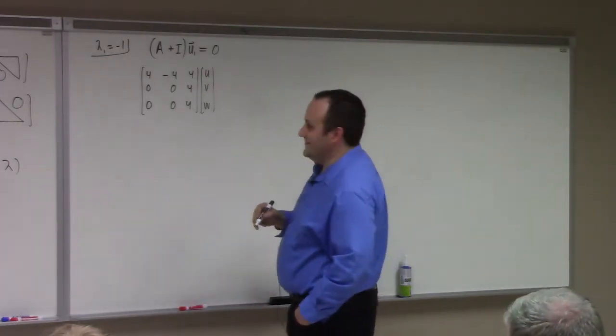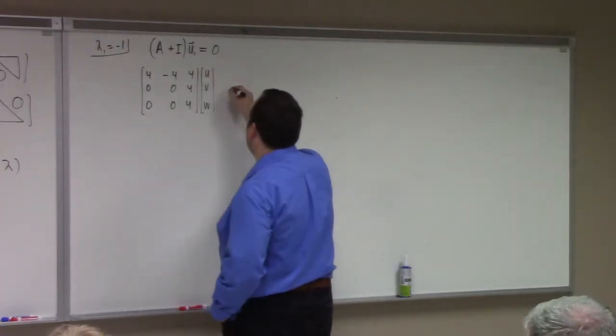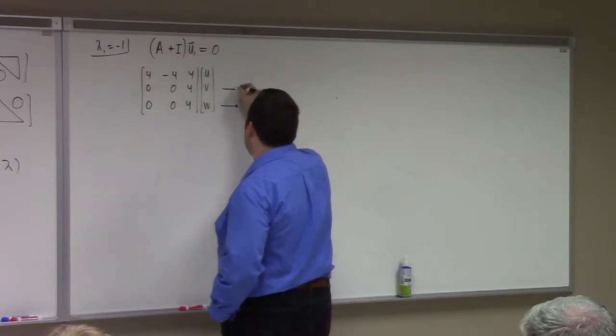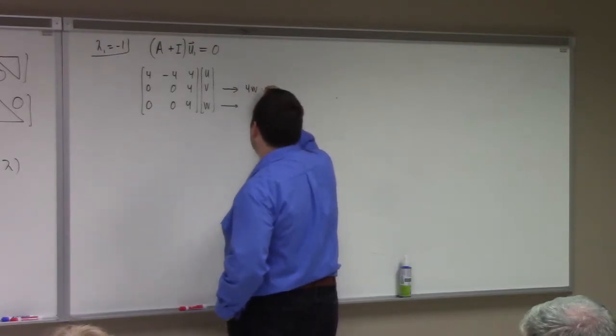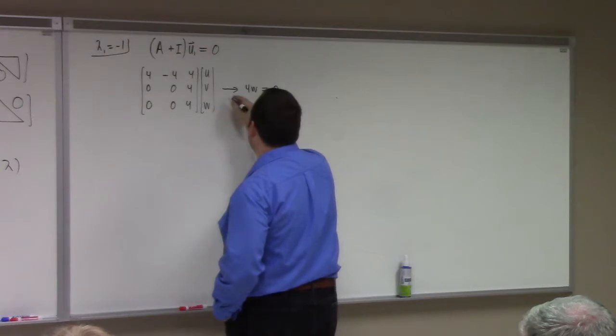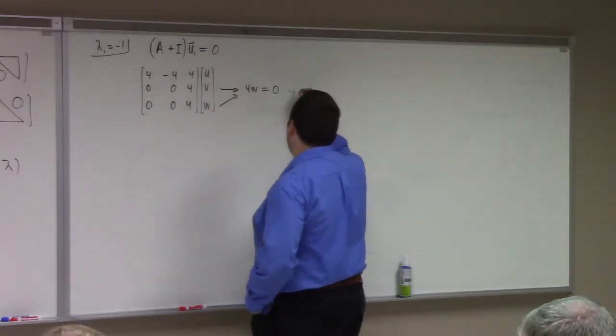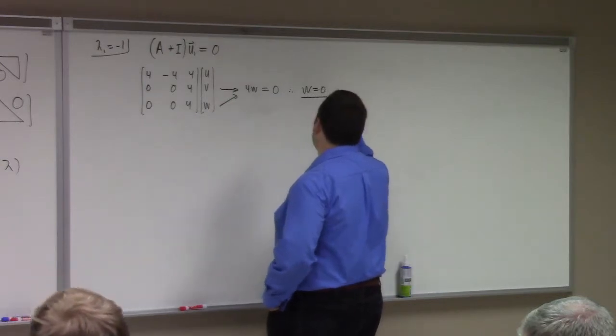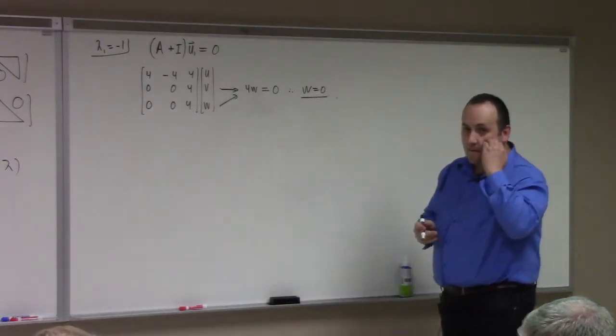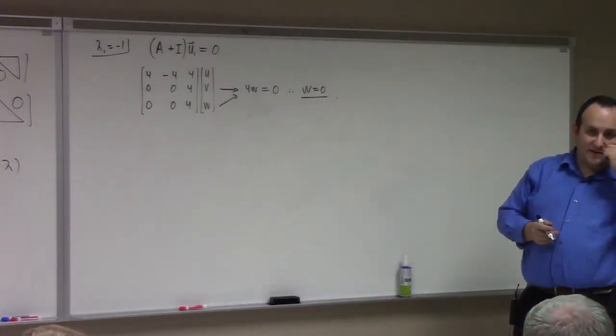So this time, either one of these guys translates into 4 times W equals 0. So apparently, W is 0. And once you know that, it's easy to go back and use the first equation.